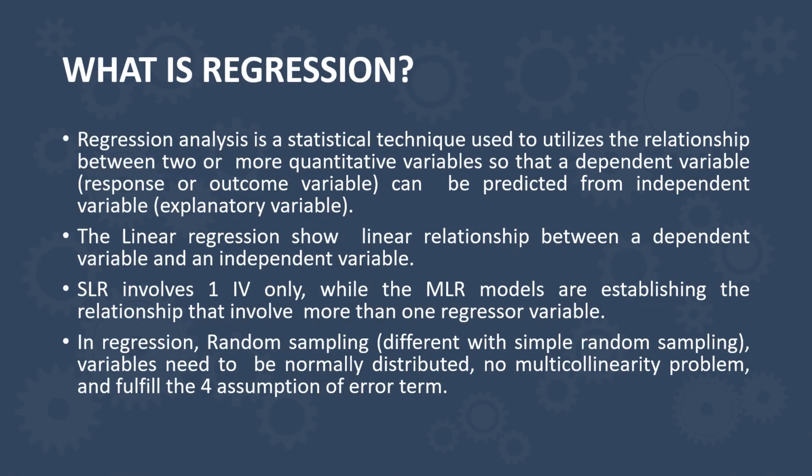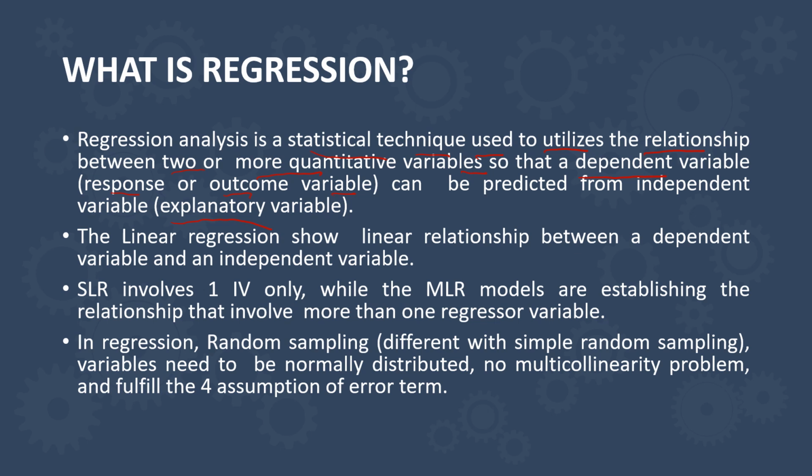So basically, regression analysis is a statistical technique used to explore the relationship between two or more quantitative variables so that a dependent variable, also called the response or outcome variable, can be predicted from an independent variable, also known as the explanatory variable, or sometimes we call it the predictor.